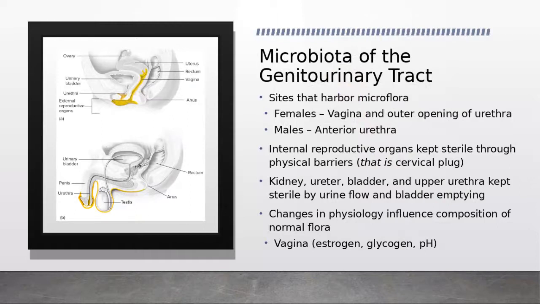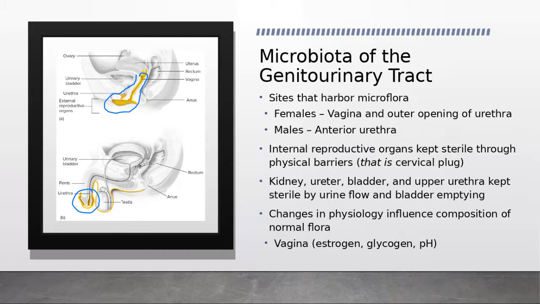For the genitourinary tract, mostly again in the lower part. For example, on the female side, it will be around the vagina and urethra. That's the place where some normal flora may live. For the male, it's the same, the lower part, which is mostly the urethra.